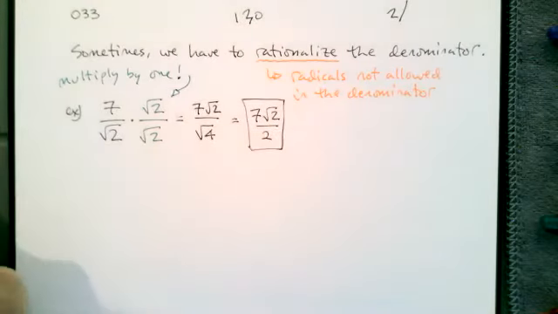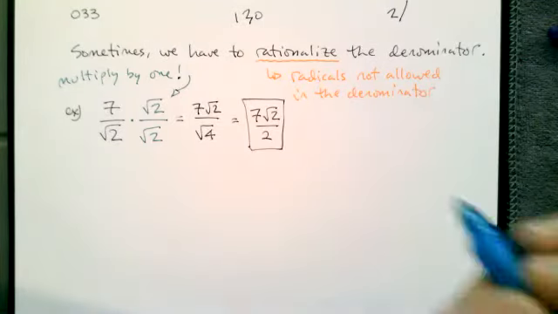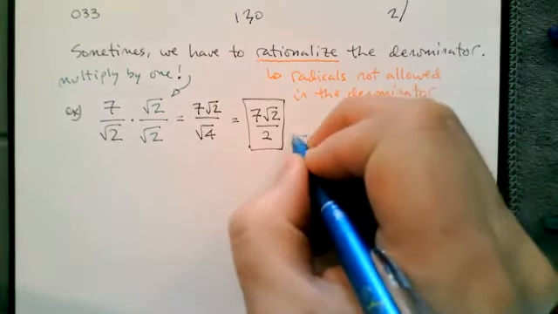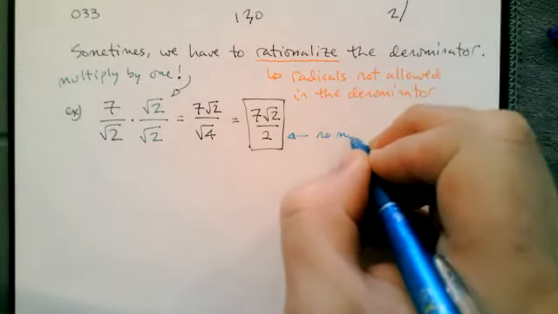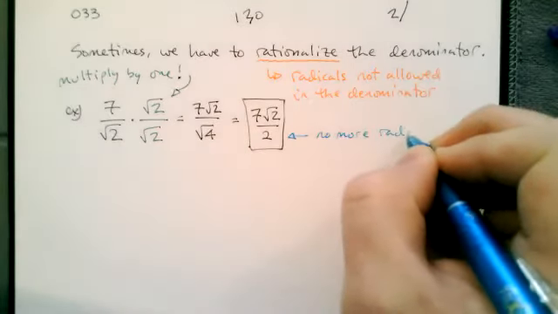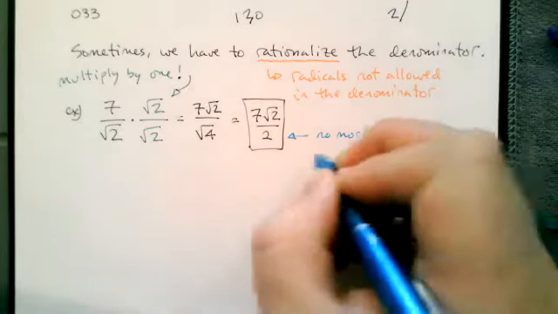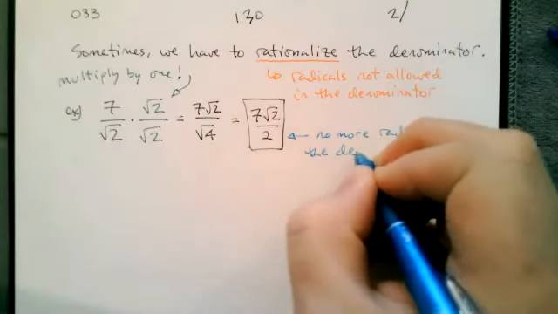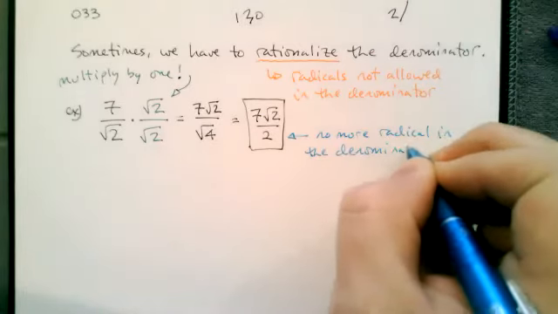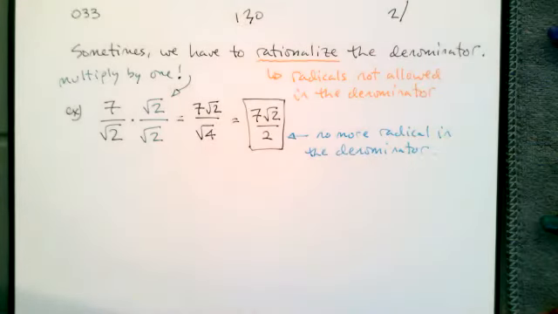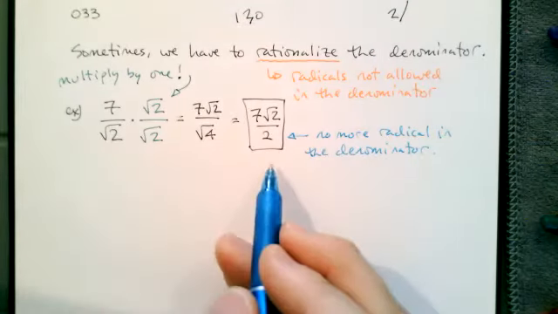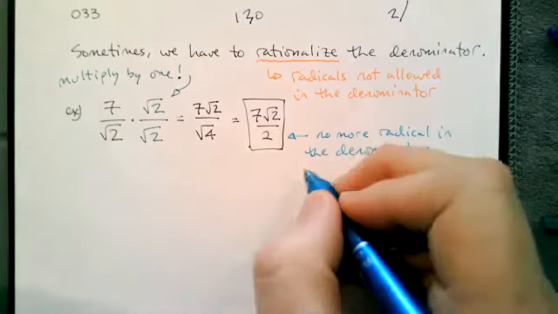This has been rationalized. So 7 over the square root of 2 has been rationalized.